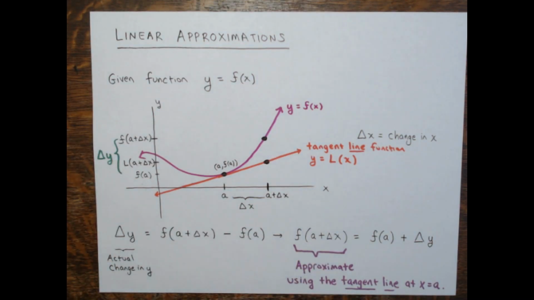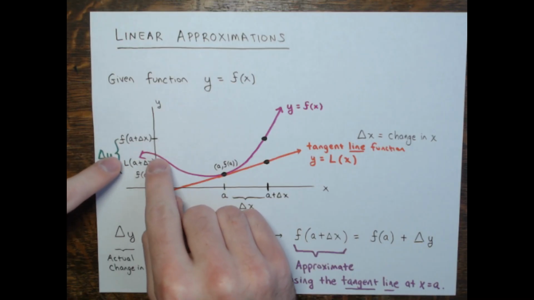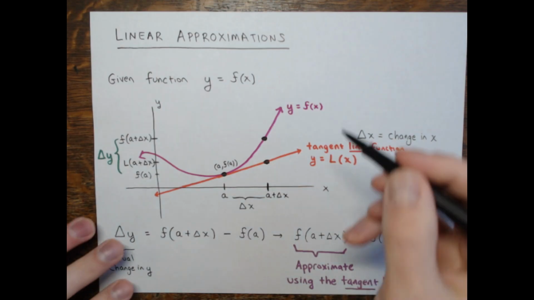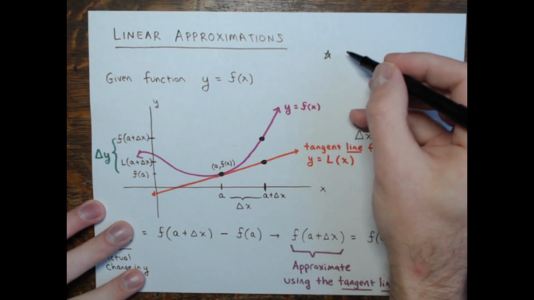And hopefully you see that when delta x is small, this L at a plus delta x will be very close to f at a plus delta x. So that's the key here to our approximation.